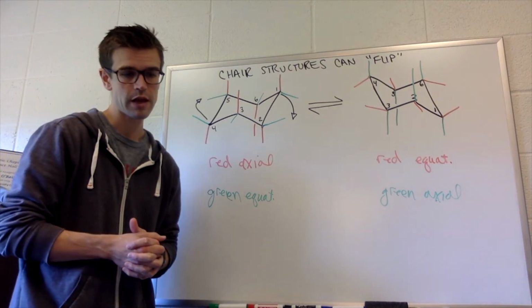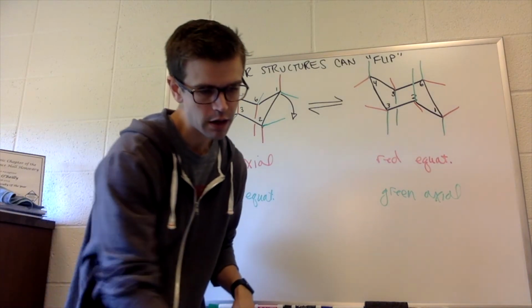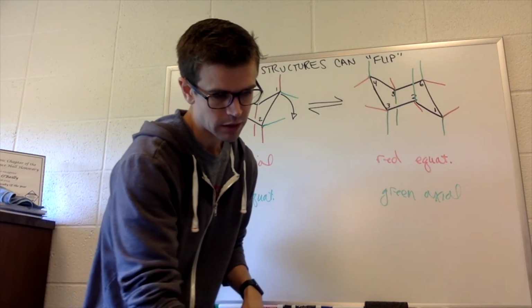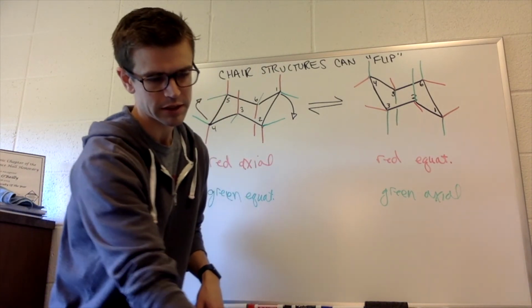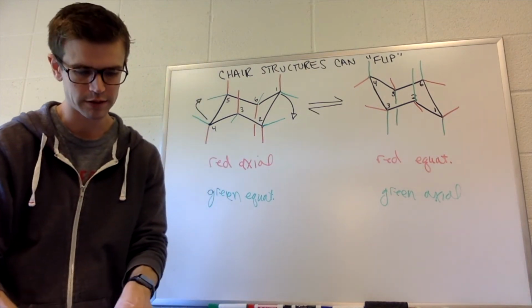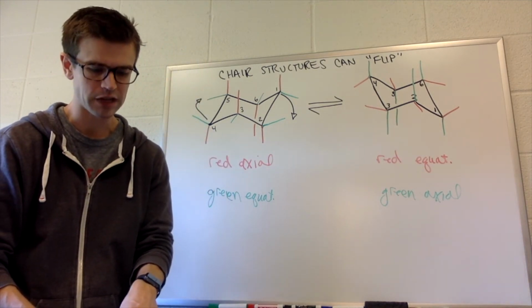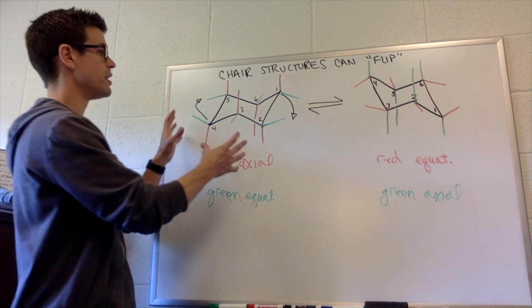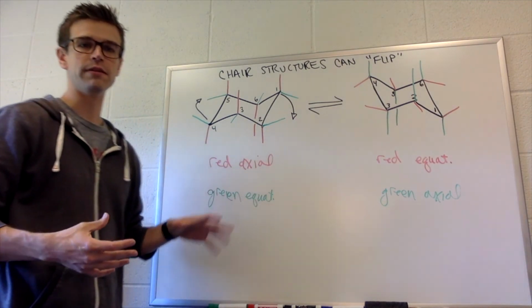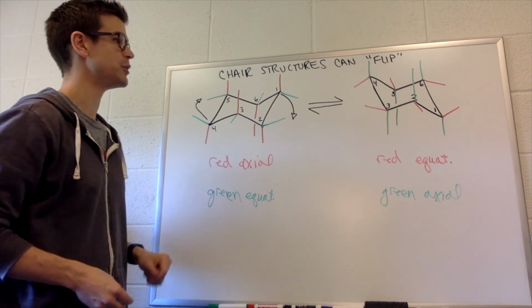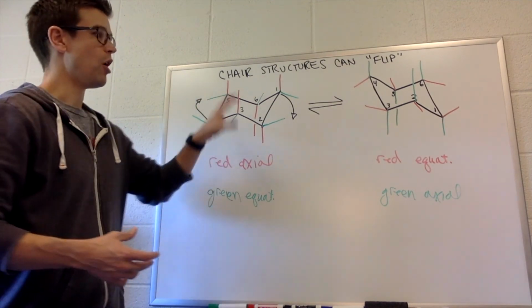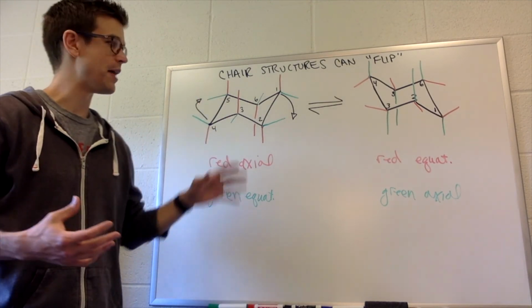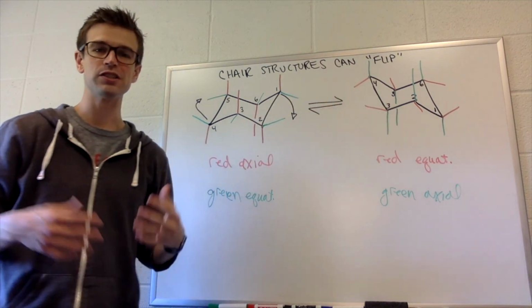So when a chair flips, axial substituents become equatorial and vice versa. And if all substituents are equal in size, the two chairs are equal in energy. So here we didn't really specify if these were equal size substituents, but if they were all just hydrogens, then these two different conformations are equal in energy.